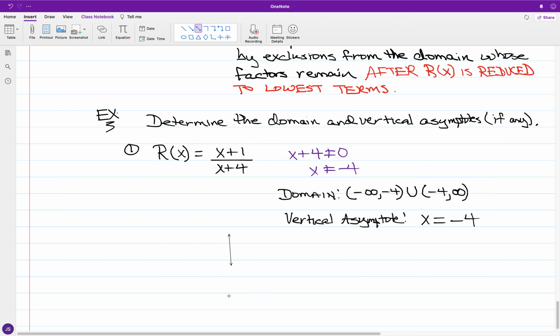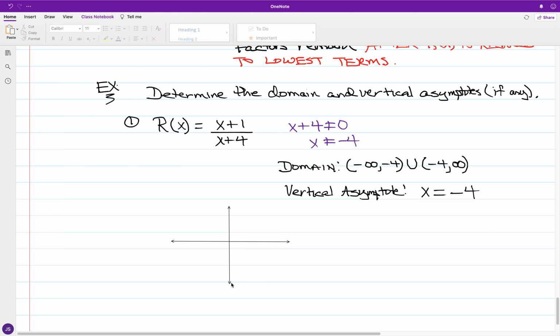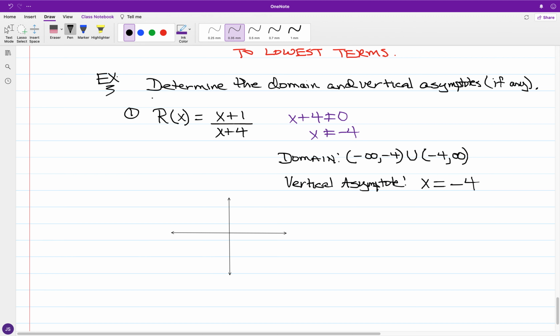So just giving a little bit of visual on this one. Okay, so you have a rational function, again working with the xy coordinate system. Now I'm just mentioning we have x equal to negative 4. I'm going to do kind of a sketch on this one.